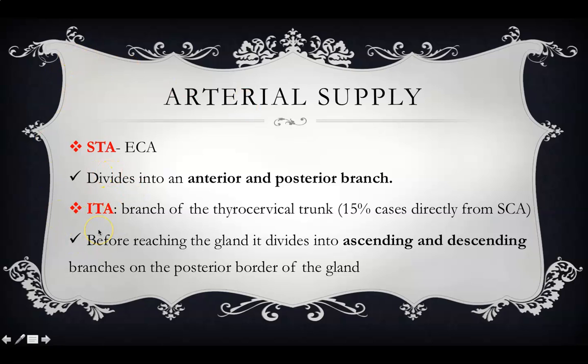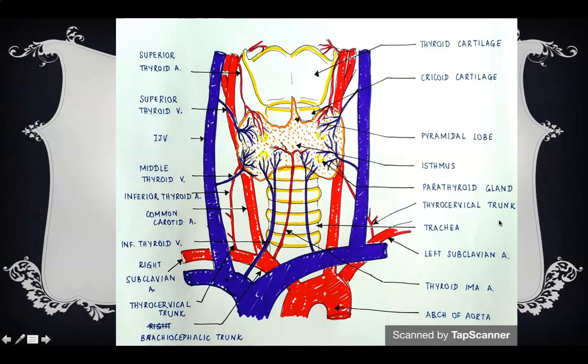Then we have the inferior thyroid artery, which is a branch of the thyrocervical trunk, but in 15% of cases it can directly arise from the subclavian artery. So this is your inferior thyroid artery here.